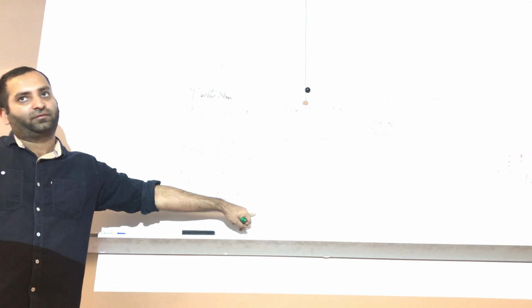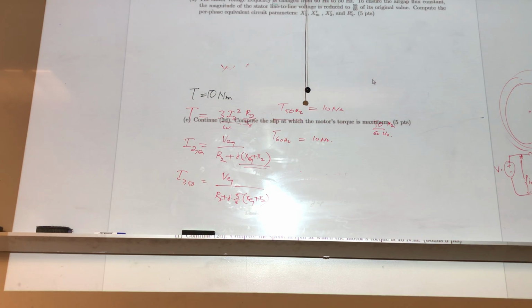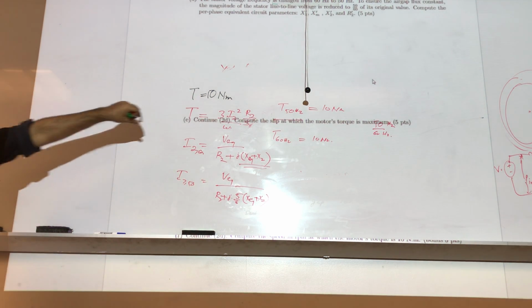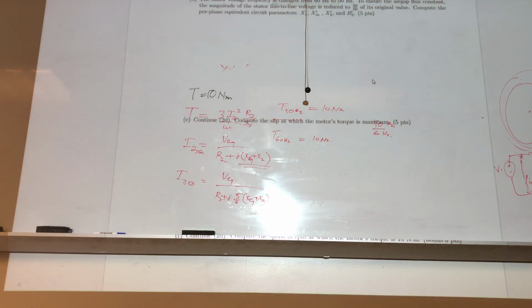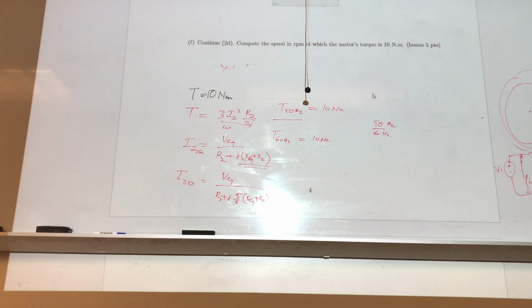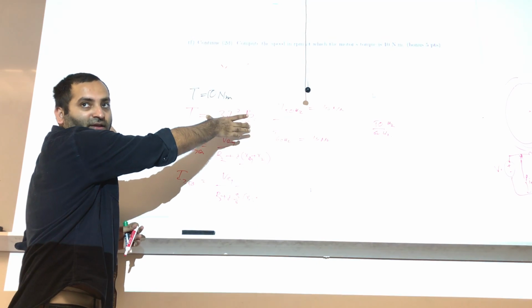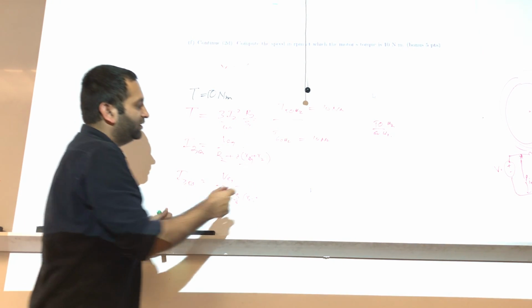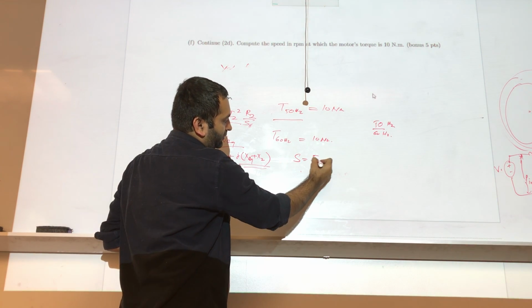Because it's the reactance. We just calculated in the previous question that each impedance will be 5 over 6 into X, right? So that's why I wrote 5 over 6 directly here. And when you substitute everything in the equation, you'll find the value of slip, which is also equal to 5 over 6.